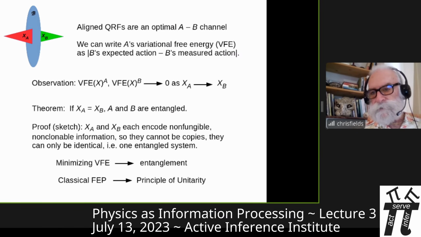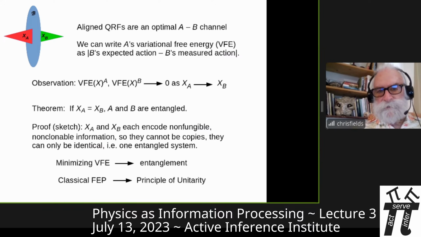And this is just the notion of free energy from the free energy principle, except translated into this situation where we have two QRFs and A can measure what B has done, but it can also use its QRF to predict the very state that it's going to observe next of the same sector that B is using.